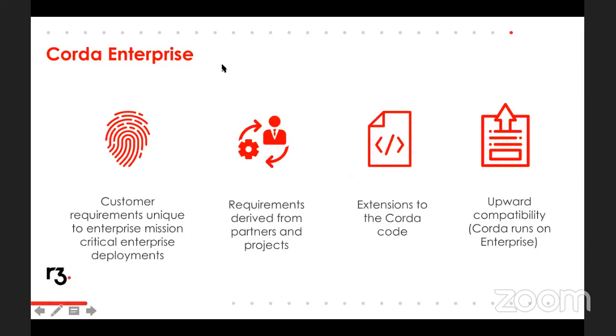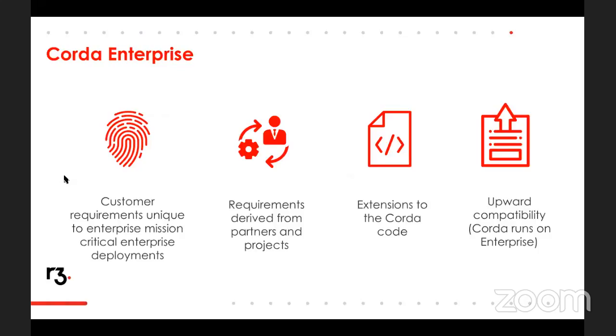But there are some key principles that we're adopting, which the last two pictures on this chart are intended to indicate. The key one that I'll point out is that we're focused on compatibility as a very high priority. In particular, one of the principles we're working on is that applications written for the open source version of Corda will be able to run unchanged on the enterprise version.